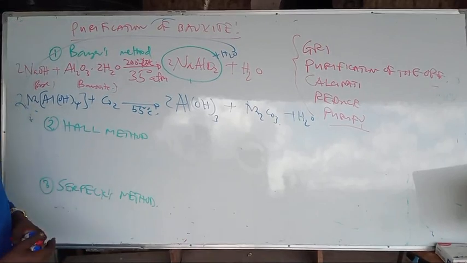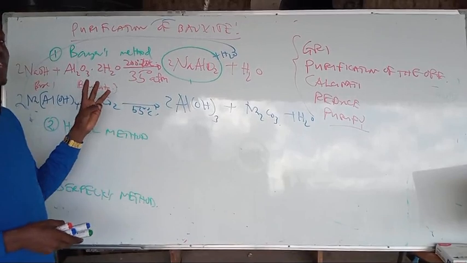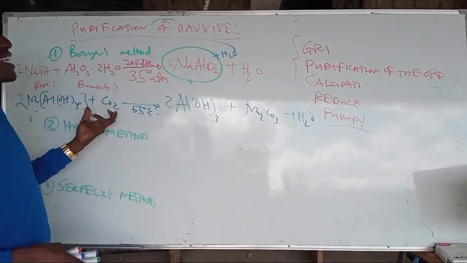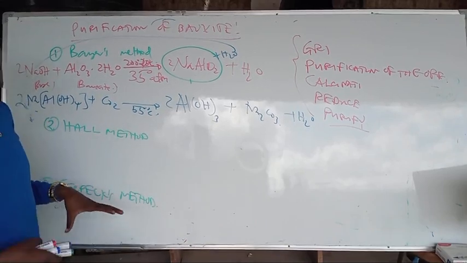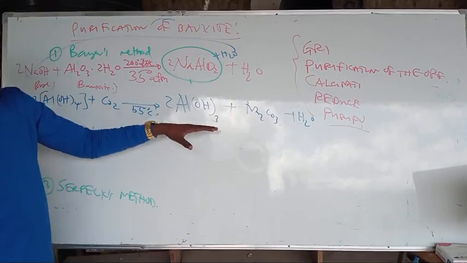So what happens during Bayer's method is just 2 steps. First you add sodium hydroxide to form the aluminate, and then the aluminate is added with carbon dioxide. You bubble the carbon dioxide inside it, so as to form aluminium hydroxide.